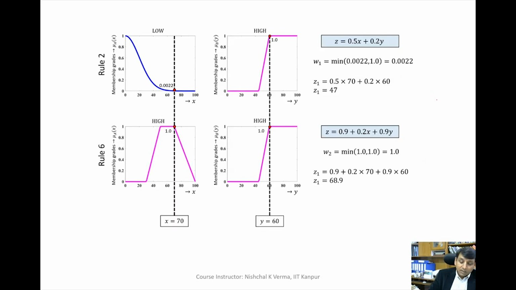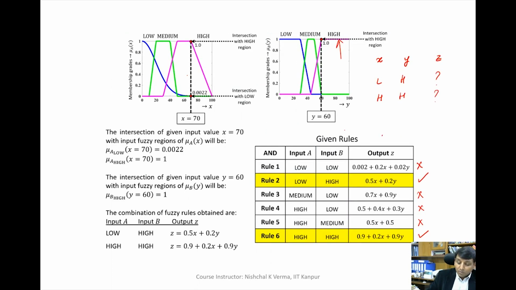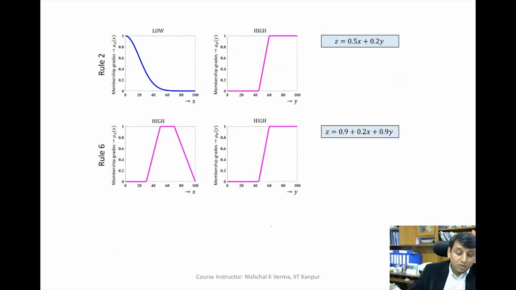So now we have to take only 2 rules. The rest of the rules we will just discard, because here rule number 2 and rule number 6 are the only applicable ones. So we'll start with rule number 2. Rule number 2 is here.